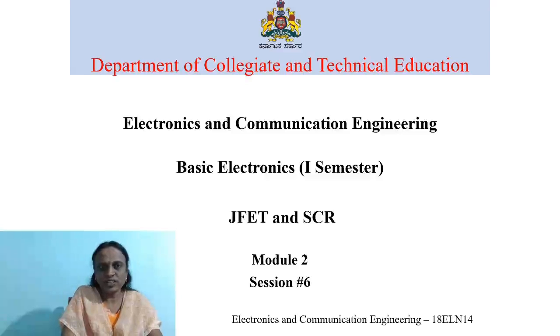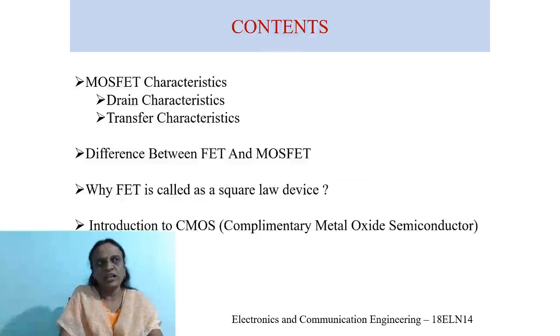In this session, we'll be discussing the types of MOSFET, namely two types, drain characteristics and transfer characteristics. Next, we'll see what the difference is between a FET and a MOSFET, because we have already learned about FET and are now learning about the MOSFET.